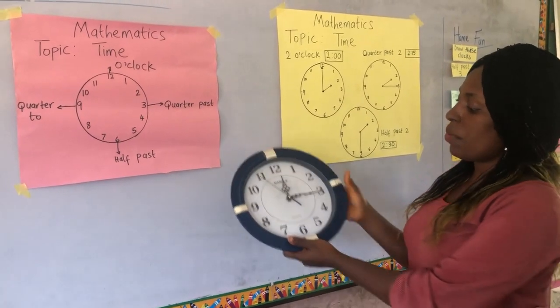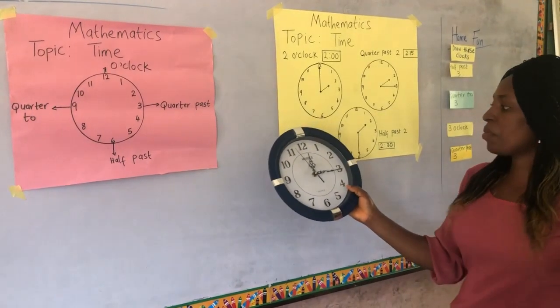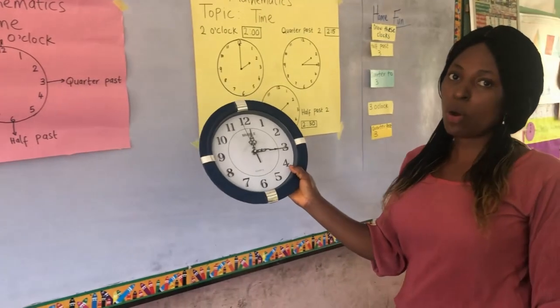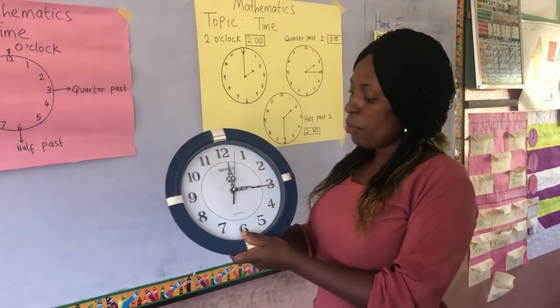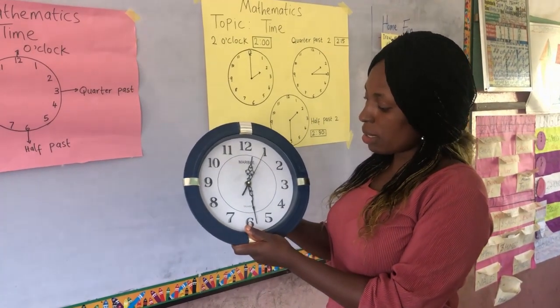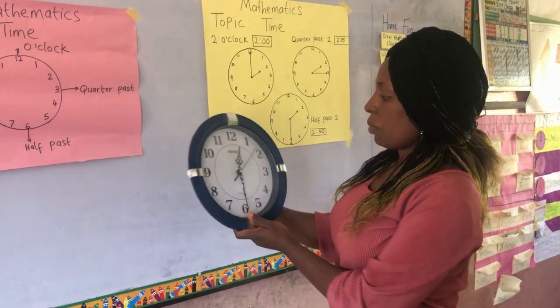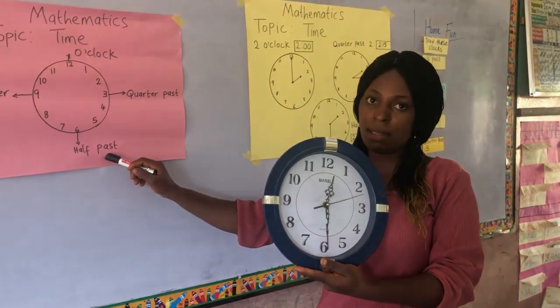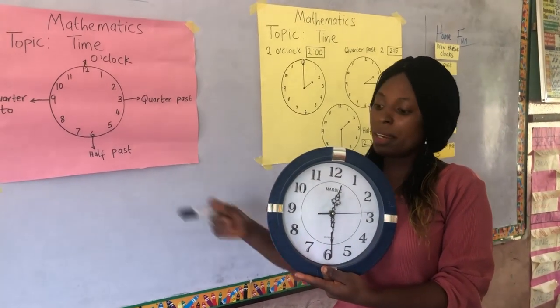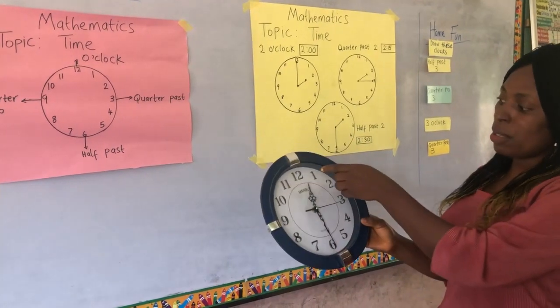Like on the face of this clock, we can say it's 15 minutes past 12. When this same minute hand moves down to 6, we're going to call it half past. And in this case, it is half past 12.